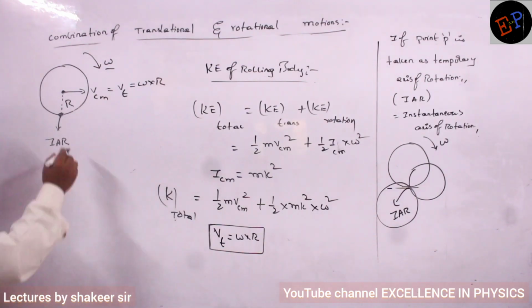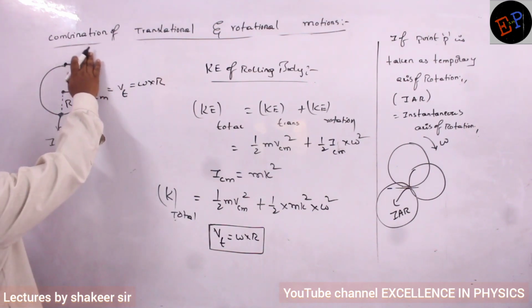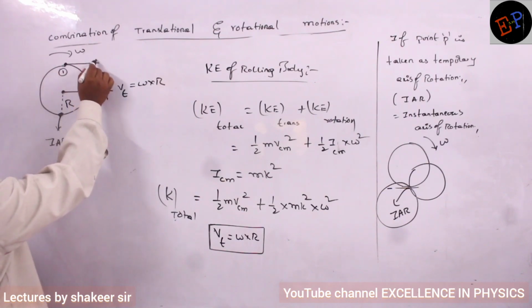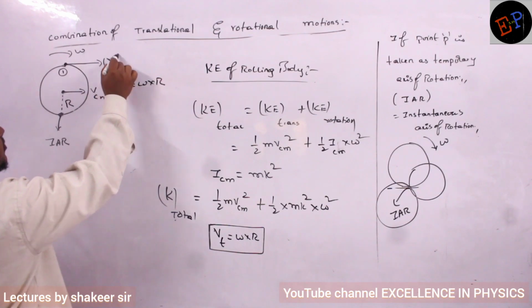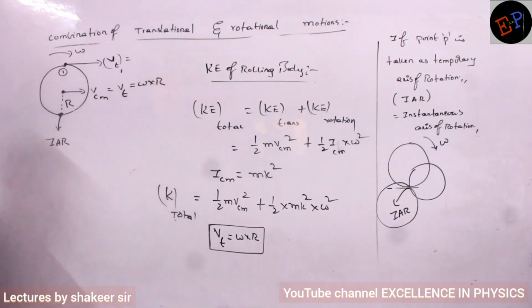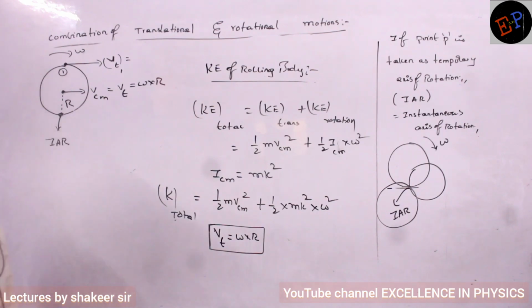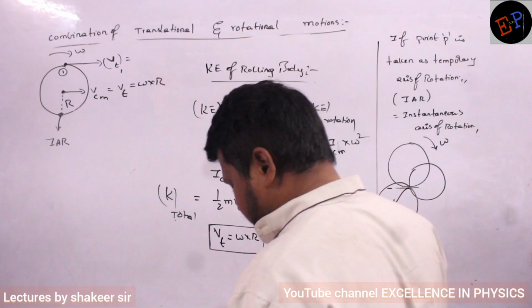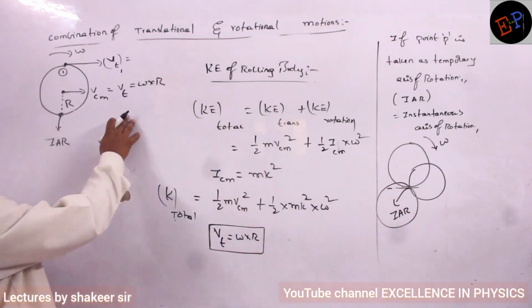Okay. Similarly, if I take this point, let us call this point as point number 1. Now can you say what is the tangential speed of point number 1? What is the formula for tangential speed?